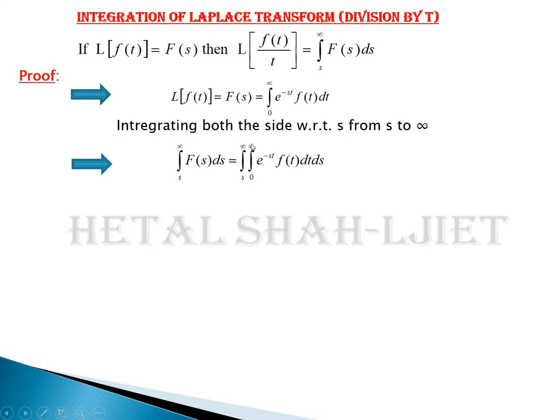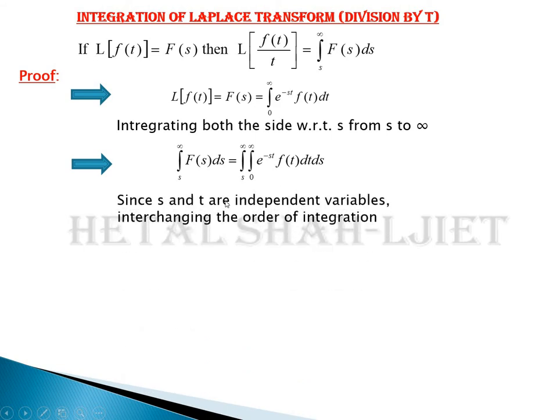Similarly, integration of s to infinity, keep this term the same with respect to ds. Since s and t are independent variables, interchanging the order of integration, you keep this term, 0 to infinity, outside. Inside, s to infinity e raised to minus st f of t ds and then dt.